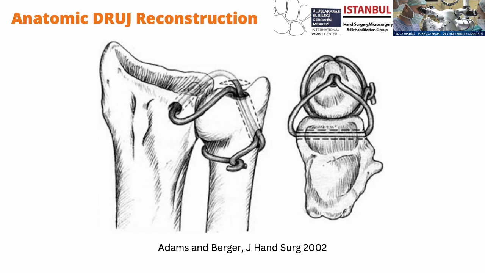This is the Adams and Berger surgical technique for DRUJ instability, in which the volar and dorsal radioulnar ligaments are tackled, and the graft is inserted into the fovea of the ulna, mimicking the deep fibers of the TFCC ligament.